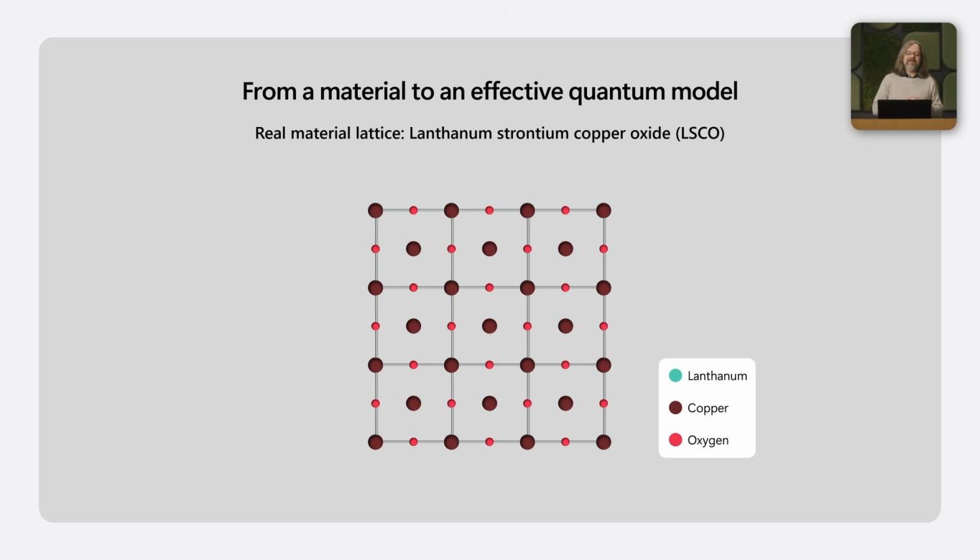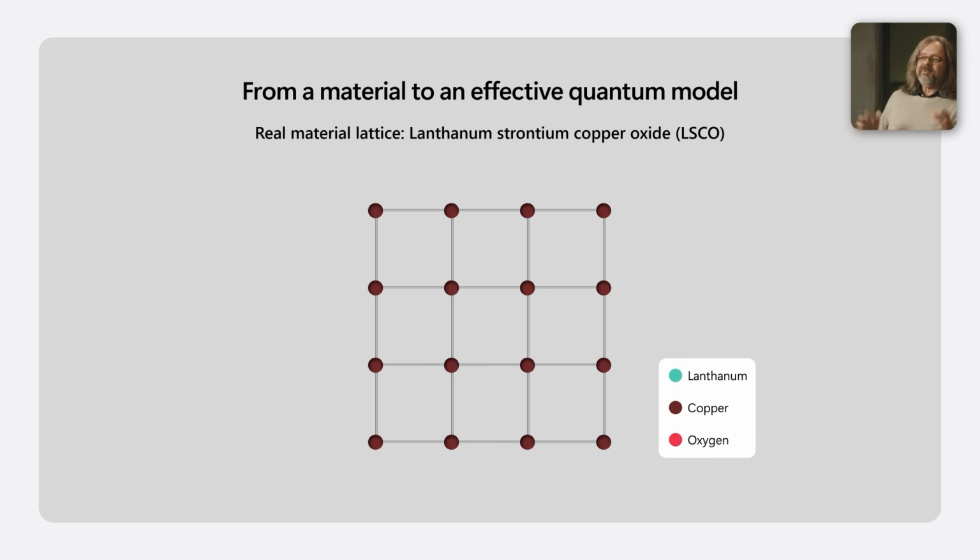And then the next step is to simplify those planes even further by realizing that of all the electrons in there, the most important is the electron in one of the copper 3D orbitals. And we can thus simplify it further by replacing each unit cell of the plane by a single orbital and the electrons in those orbitals only. And that way one then ends up with a model that has one lattice site per unit cell of the material.